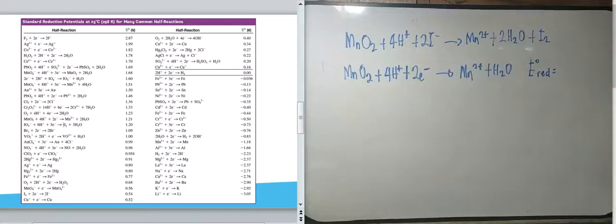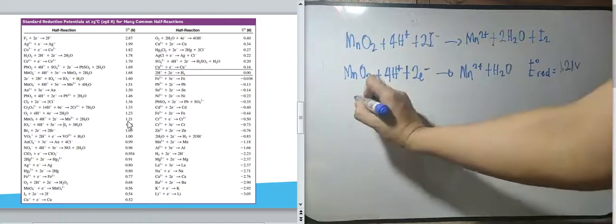We can see it here. I hope you can see the mouse there. Based on the table, it has an electrode reduction potential of 1.21 volts. So we just use the table.